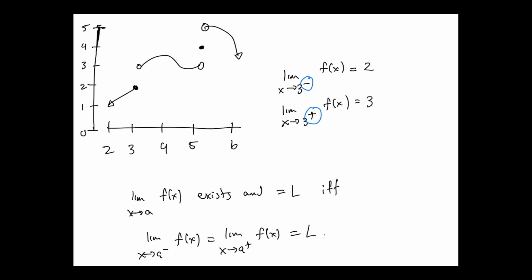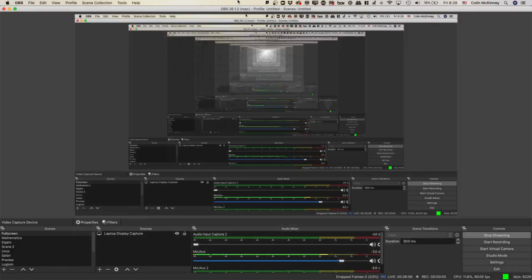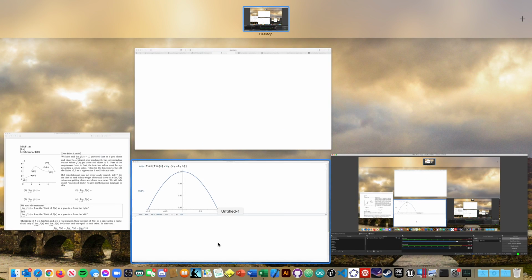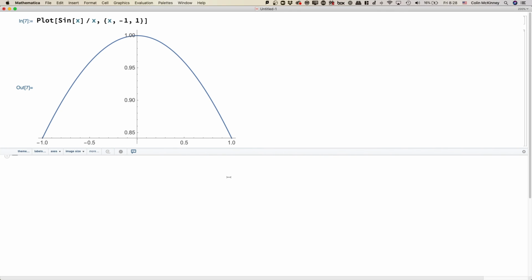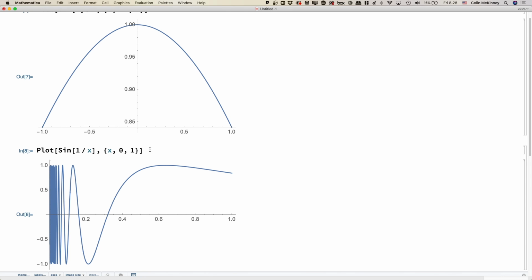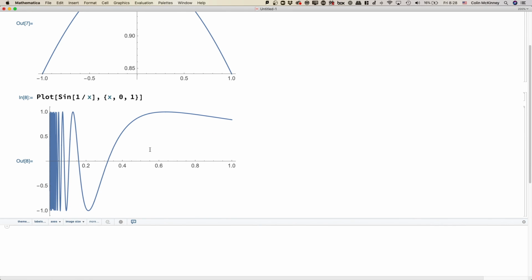So let me switch back over to Mathematica and let me graph this, something that has this property. Okay, so here is an example of a function that has this weird squiggly business.